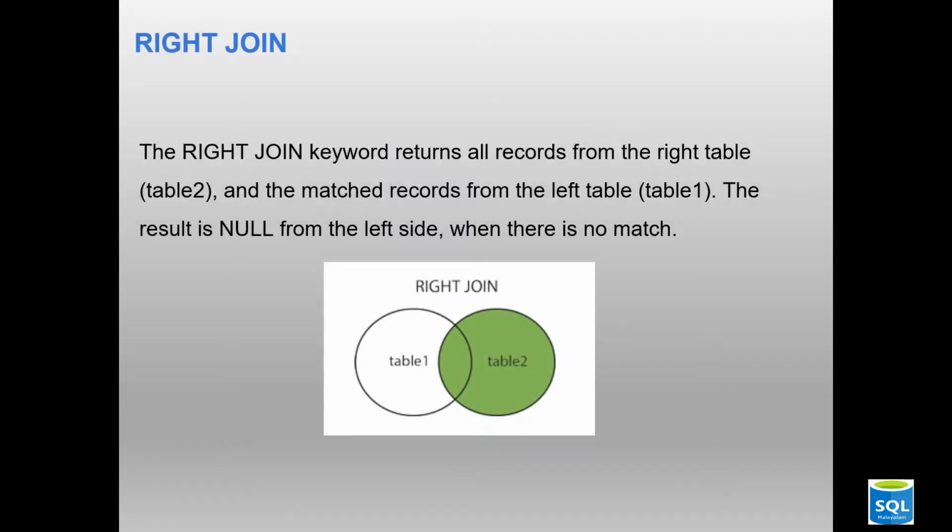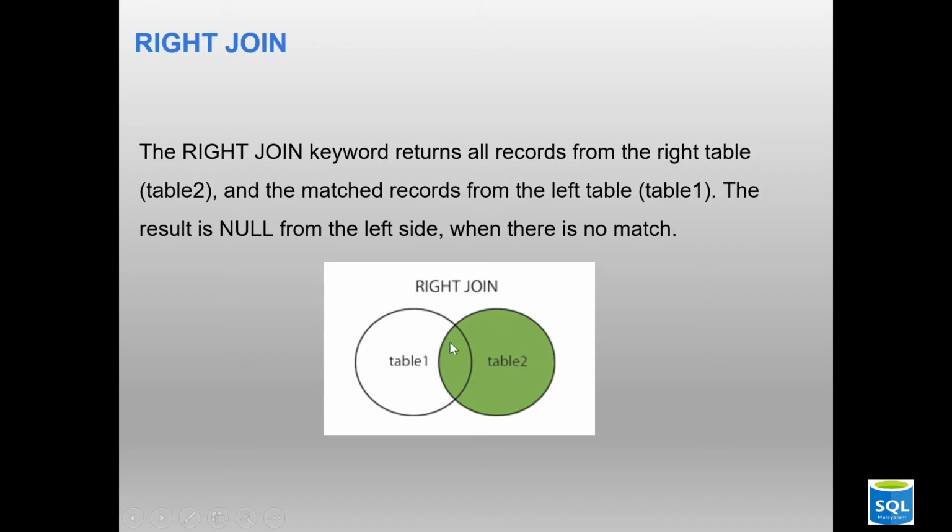Right join is just the opposite of the left join, meaning it will return all the records from the right table and the matching records from the table mentioned on the left. As you can see in the figure, I have mentioned table 1 right join table 2.